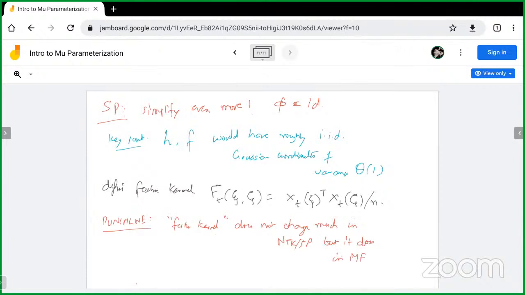So okay, let's see why. So here's theta over zero transpose.